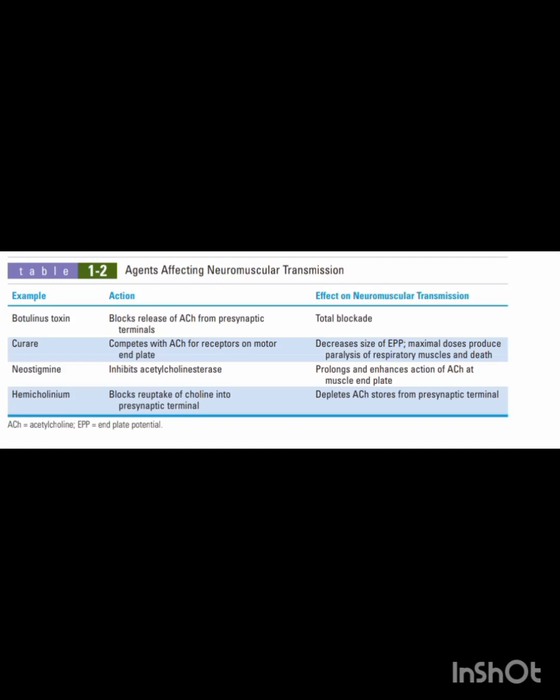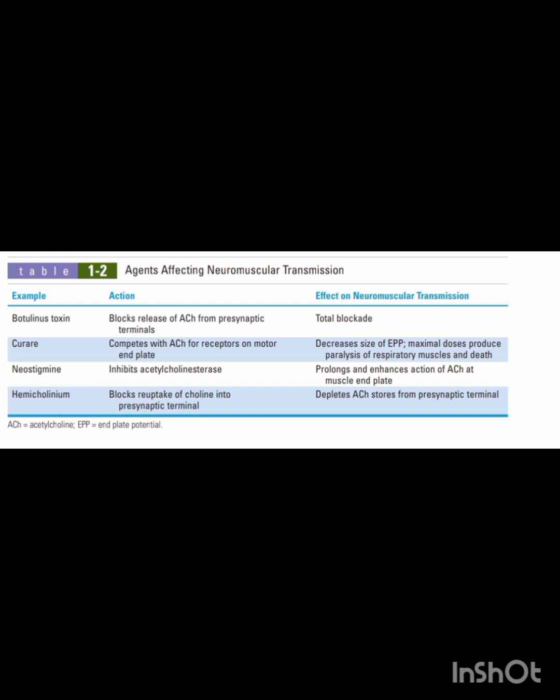It's very important. Definitely remember this, that it inhibits the enzyme we have talked about, the enzyme acetylcholinesterase, that is causing the degradation of acetylcholine. So neostigmine inhibits that enzyme, and what happens is that it will prolong and enhance the action of acetylcholine at the muscle end plate.